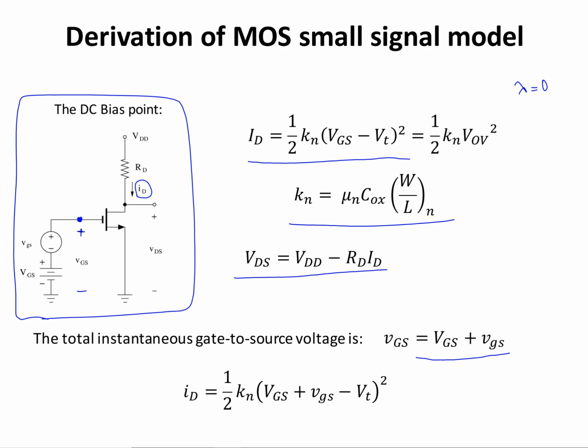I can write iD in this format. Now I'm replacing my vGS with DC and AC terms in the same equation that I had before. So small iD is 1/2 Kn (VGS plus small vgs minus VT)^2.